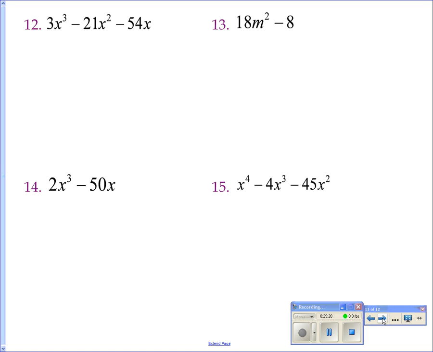All right, number 12, 3x to the 3rd minus 21x squared minus 54x. If you'll write this one down, last 4 to write. Elijah, what do you have to do first? What do you think will go into all of them? 3? Anything else? Good. Chase, what do you get when you divide by 3x?